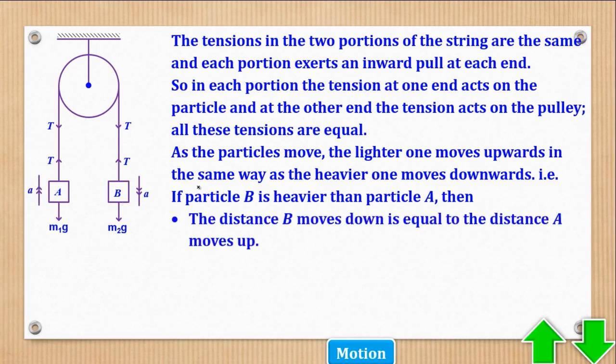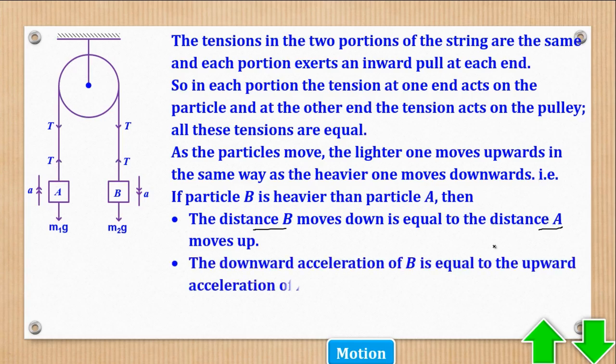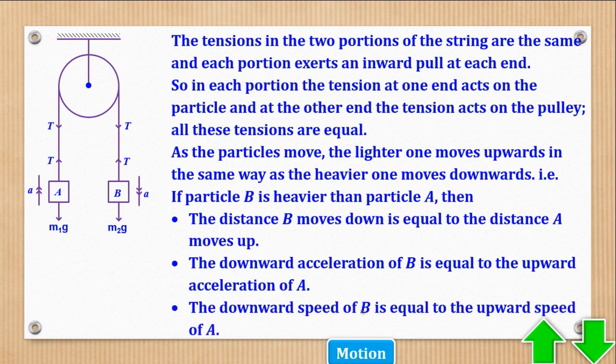One is that because the string is inelastic, the distance B moves down is equal to the distance A moves up. That is 1. 2, the downward acceleration of B is equal to the upward acceleration of A. So I think you see here there is A, and also here there is A. It's a magnitude. It is only the direction which is changing. And 3, the downward speed of B is equal to the upward speed of A. So those 3 have to be remembered each time you're dealing with connected particles with an inelastic string.